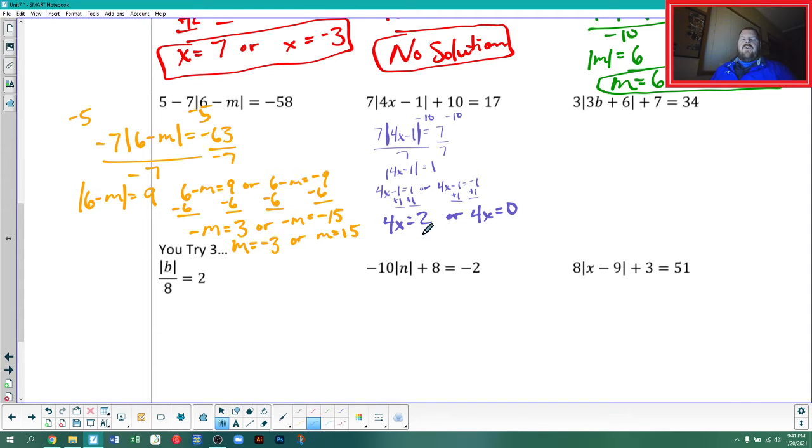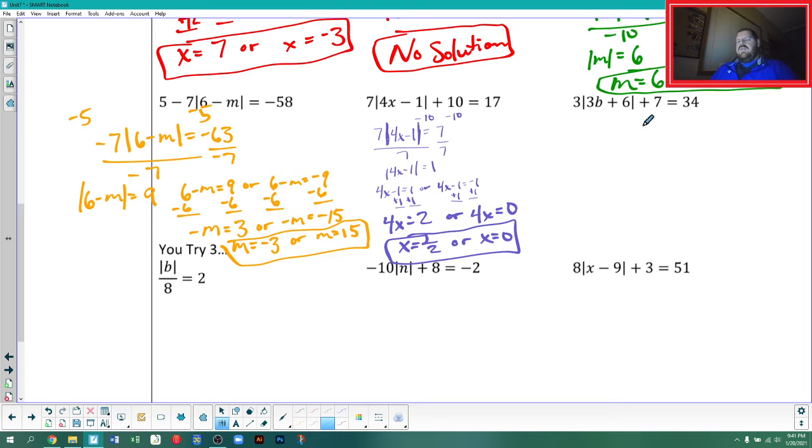If I divide by 4 on both sides, I get x equals 1/2 over here. Dividing by 4 on both sides gets x equals 0 over here. I like to highlight my answers a little bit. I did not do that. I apologize.